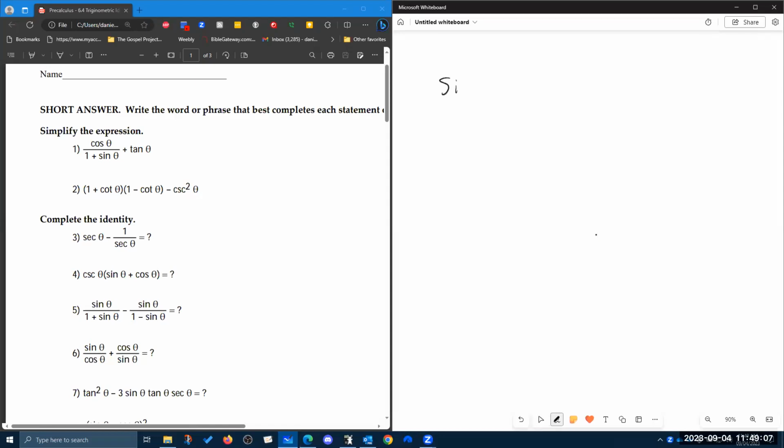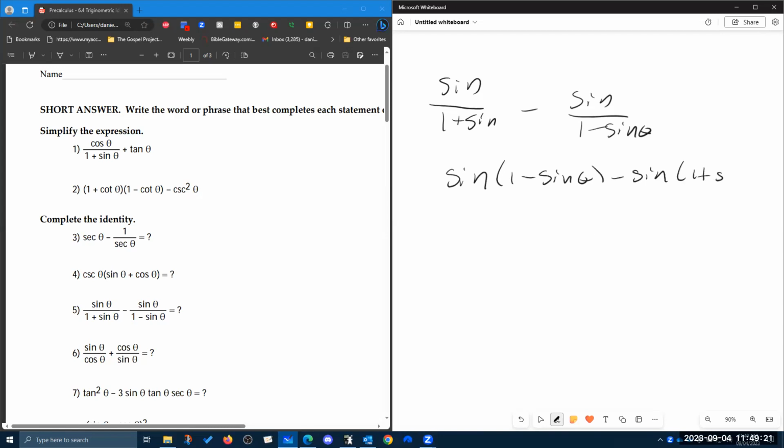This one where we have sine over 1 plus sine minus sine over 1 minus sine. They want us to make a common denominator. And multiply 1 plus sine times 1 minus sine.